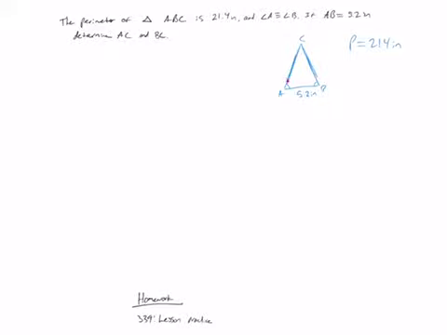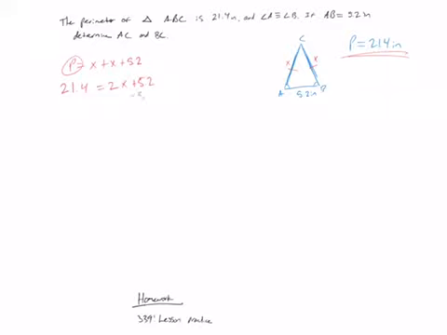Because this angle and that angle are the same, this side length and that side length will be the same. So I'll call this side length x and that side length x. The perimeter is x plus x plus 5.2, and I know the perimeter, so 21.4 is equal to 2x plus 5.2.